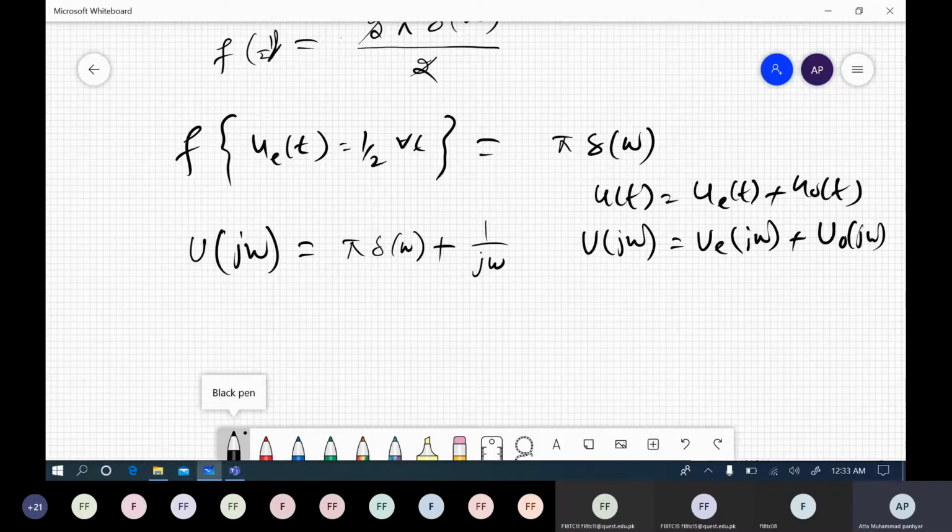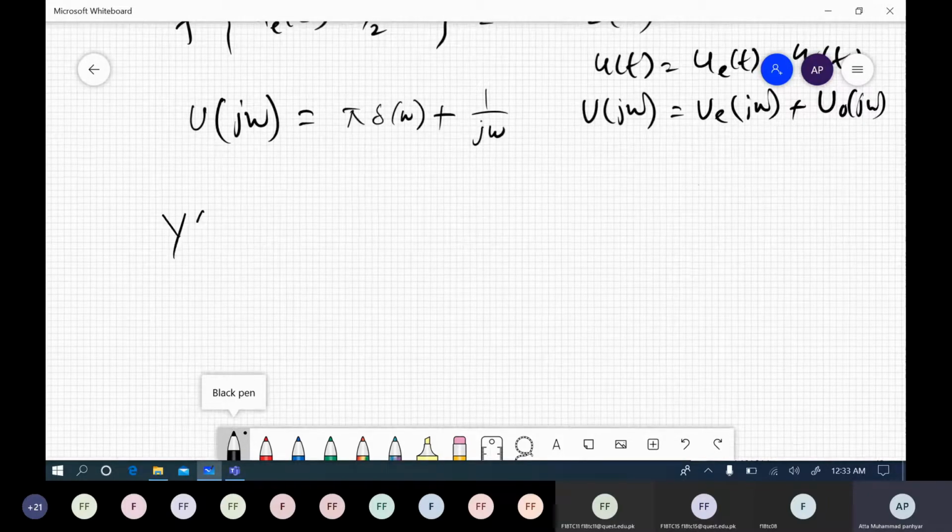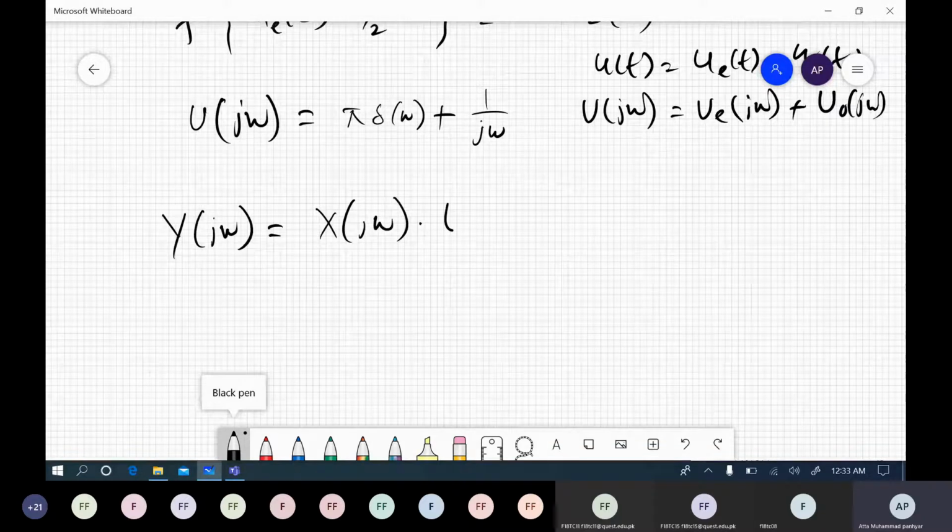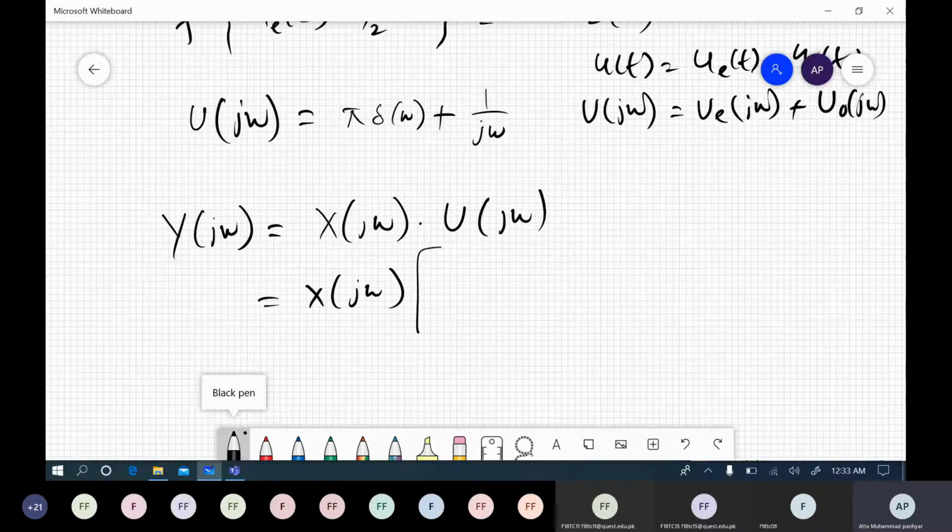Now if you remember, the overall response Y of j omega was equal to X of j omega times U of j omega. Now X of j omega is this one, and U of j omega is 1 over j omega plus pi delta omega, right?